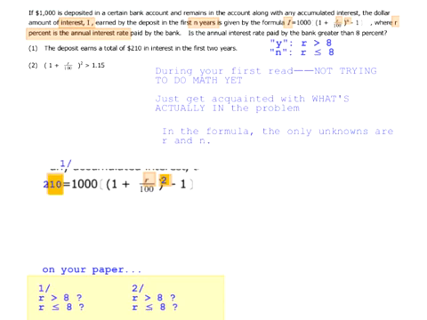This is statement 1. Ah, this means you can solve for R. If you can see what the steps are, you don't have to do them, but you're going to divide by 1,000, then add 1, then square root. And then you'll have 1 plus R over 100, which would clearly let you solve for R. So there's no point in doing that.